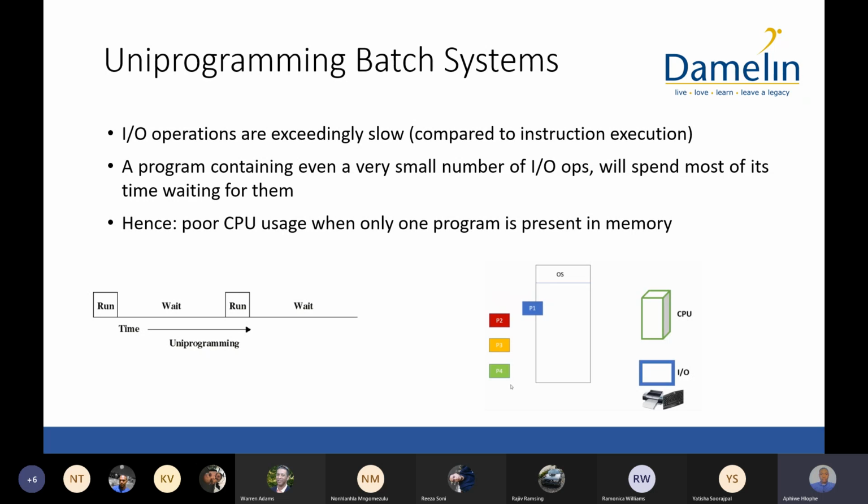And then we have what we refer to as our uniprogramming batch systems. Okay, so it says input-output operations are exceedingly slow compared to instruction execution.